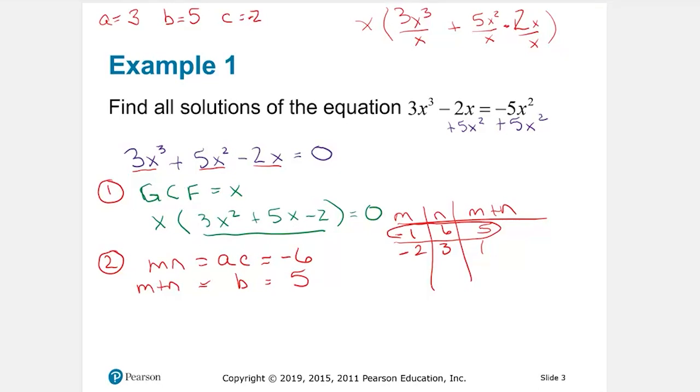So we have 3x squared, and we have our -2, and we're going to use these two numbers to get our 5x. So that becomes -x plus 6x, because this is really minus 1 and 6.